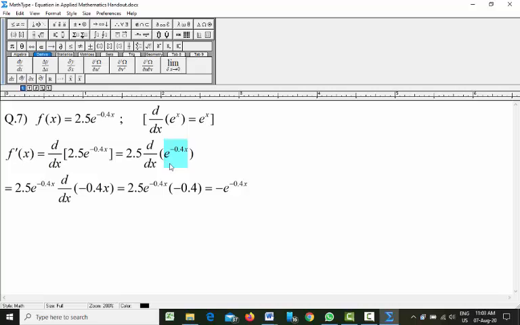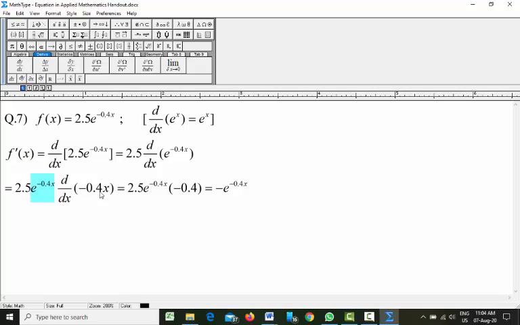Now, as I said before, if you want to do differentiation of e to the power something, you will get exactly that one back.